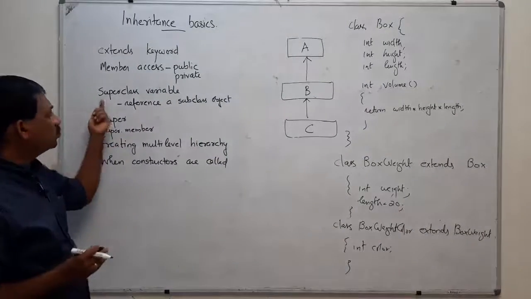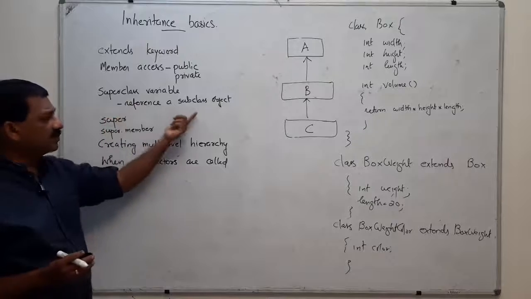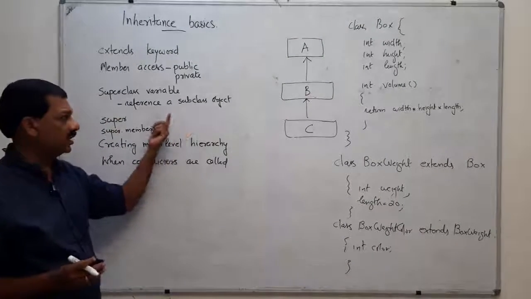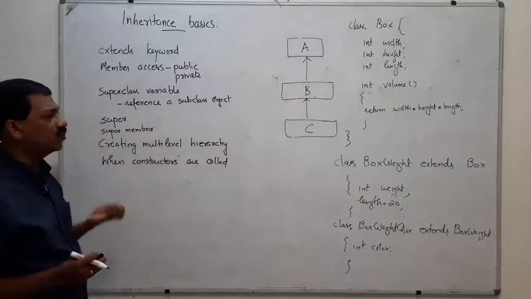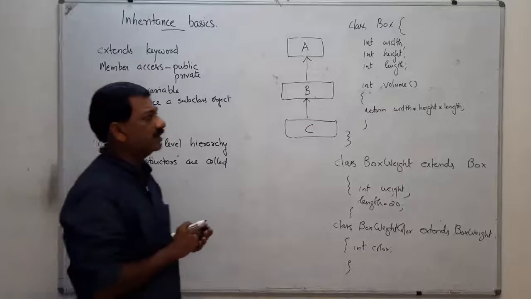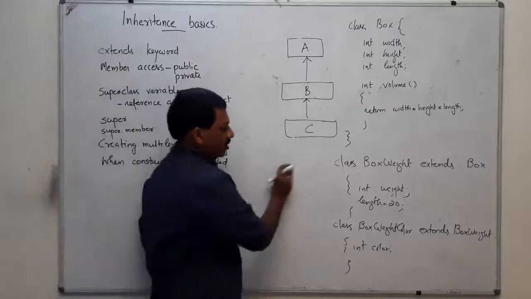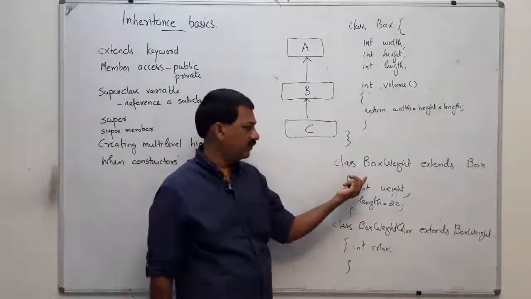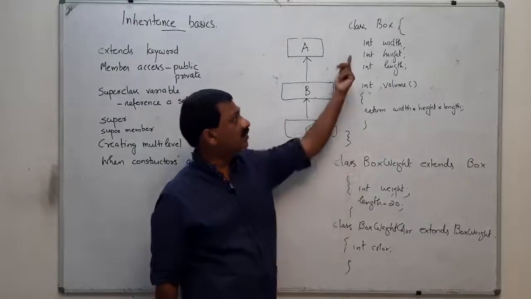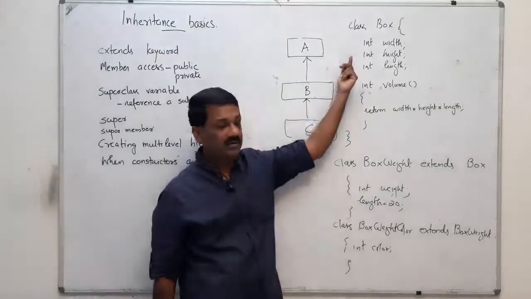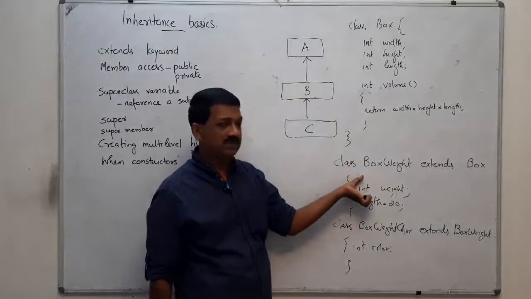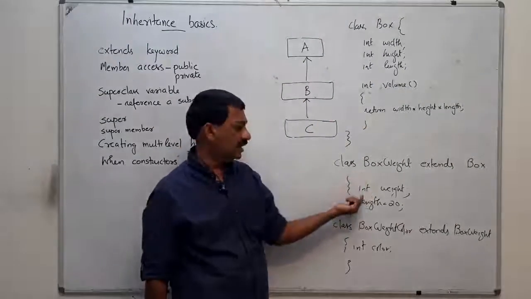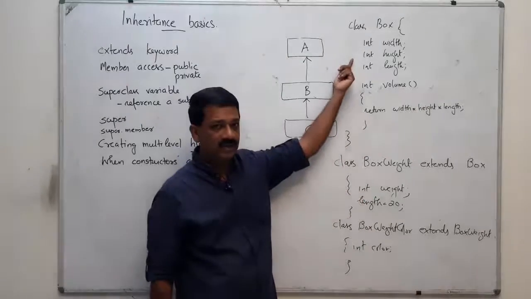And now superclass variable references subclass object. That we'll discuss later. Then the super keyword. Super means, from this subclass, if you want to access its parent variable. This is a subclass, and this is inheriting all the properties of the parent.